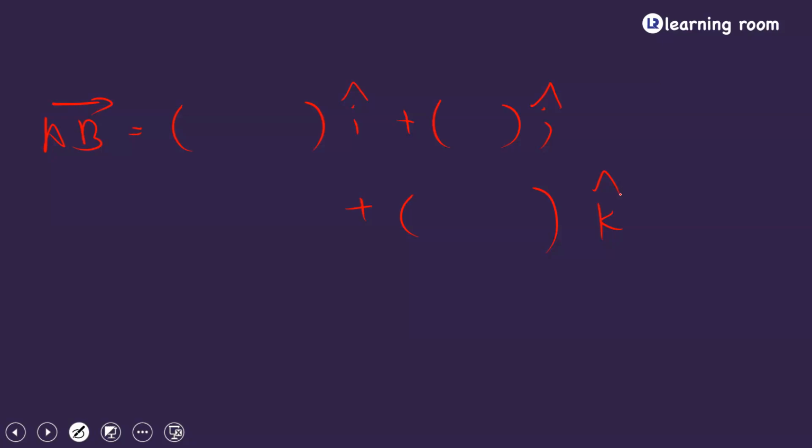Simple, no? It's going to be x2 minus x1 I cap, y2 minus y1 J cap, and z2 minus z1 K cap. Is this much clear to you?